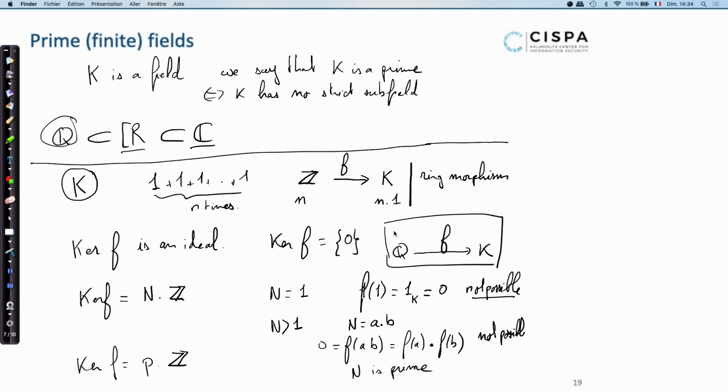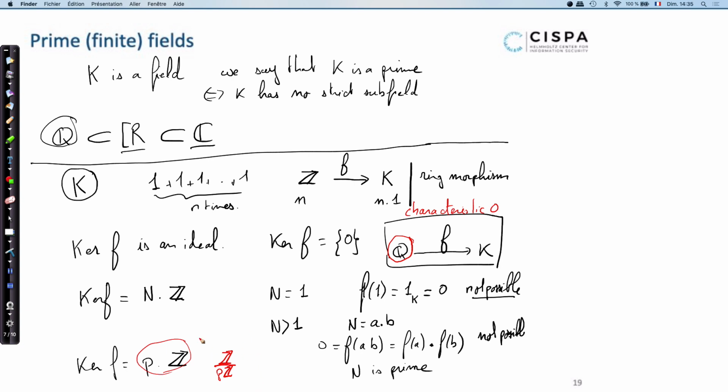Either the prime field in k is the field of all the rational numbers, and in that case we say that the field has characteristic 0, or the kernel of f is p times Z, in which case the prime field is going to be Z over pZ, which is a finite field, which is just arithmetic modulo p, and in that case it turns out to be a field.